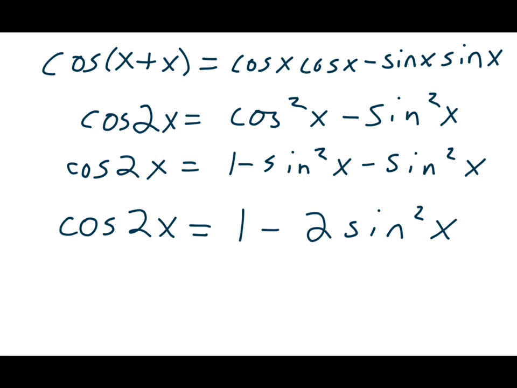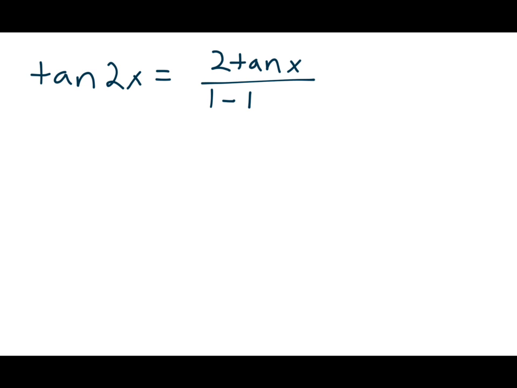And similarly, with tan, you can have 3 different things. I'm not going to go through all of them. You can have 3 different things by doing that replacement. You can have 2 tan of x over 1 minus tan squared of x.